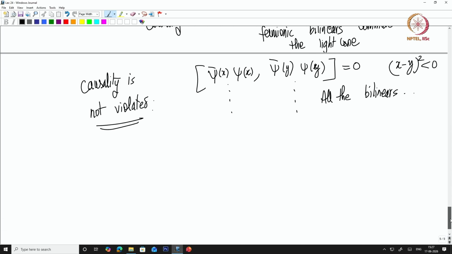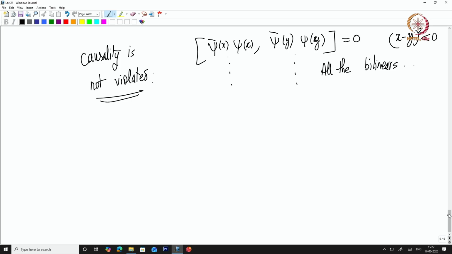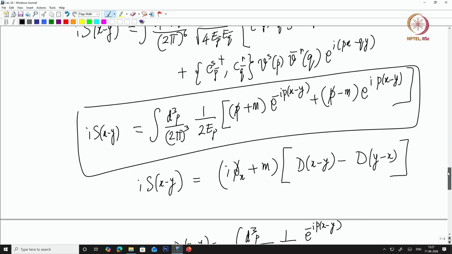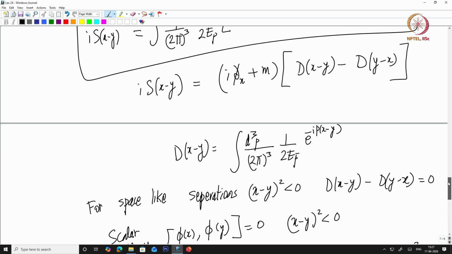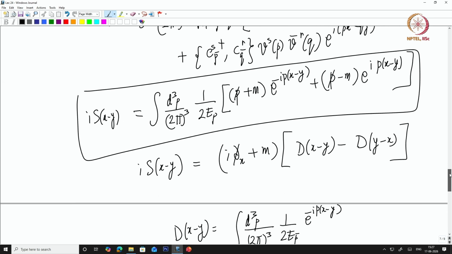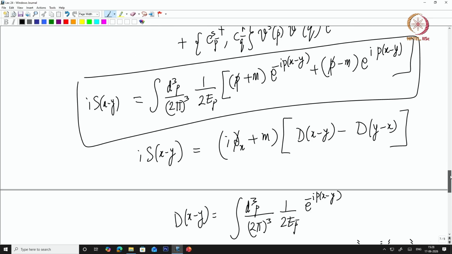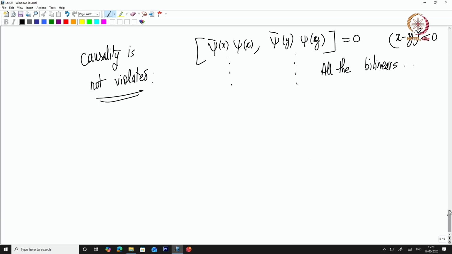Okay, good. Now that we introduced the ordinary propagator, we should not be very far, but that is not sufficient. We also need the time-ordered propagator, so we need the Feynman propagator.